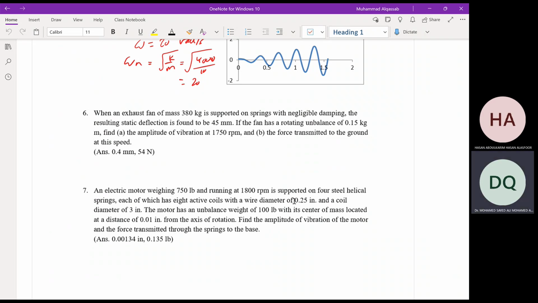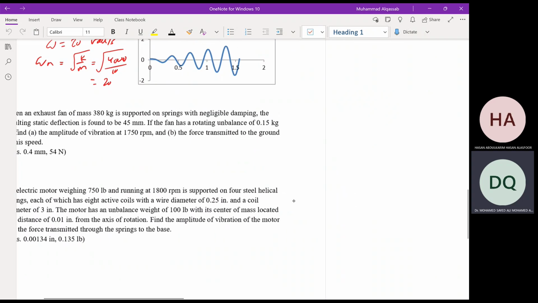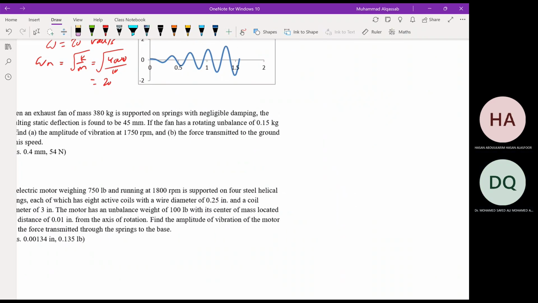This has two parts. First, the free vibration is given, like the static deflection is given. From the static deflection, we can find K, or you can find omega n. Omega n equals square root of g over delta.